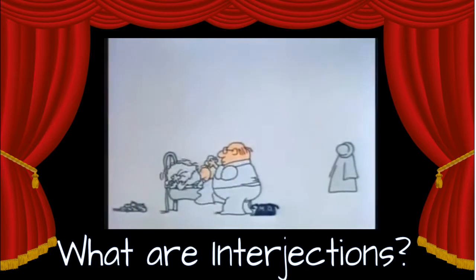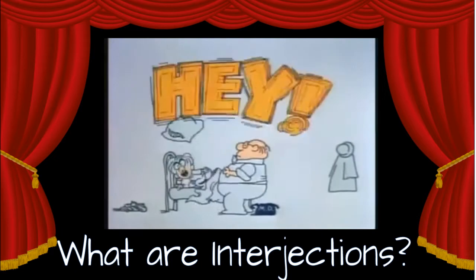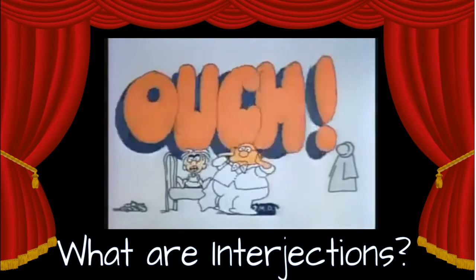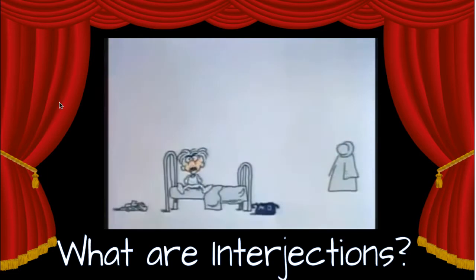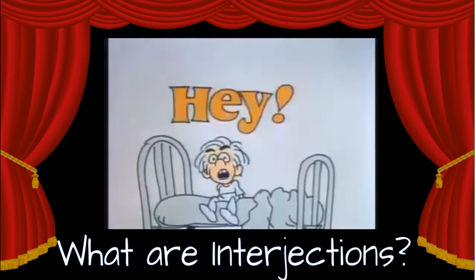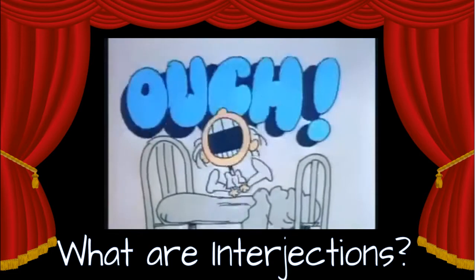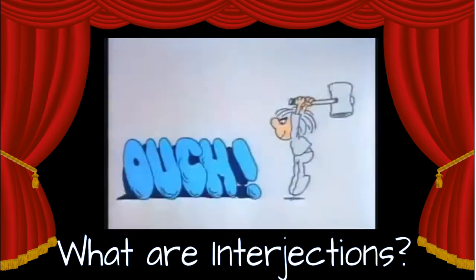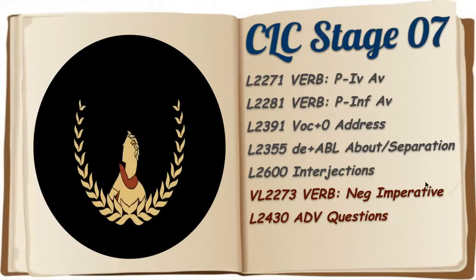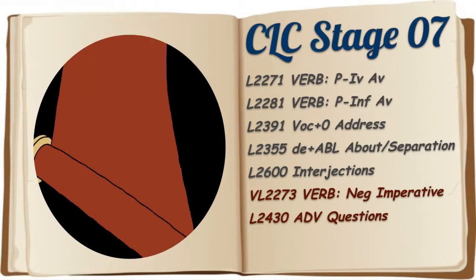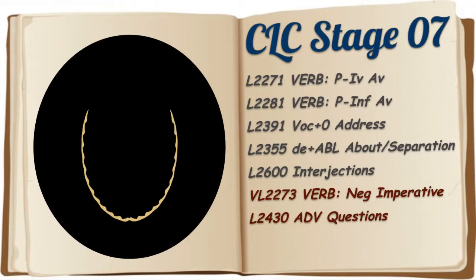The purpose they have in a sentence is merely to add color or emotion. Sometimes by itself, sometimes with the rest of a sentence. Could be an exclamation point or offset by commas. Just a little thing. All right. Well, that shortened. Sorry about that. That was a good cartoon.